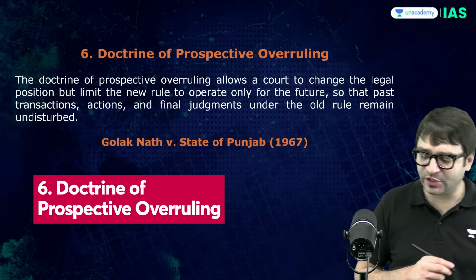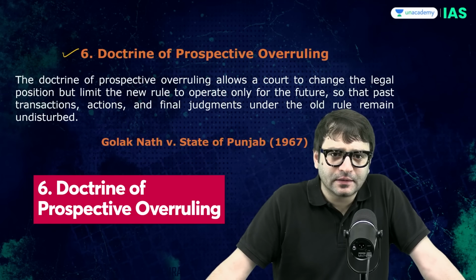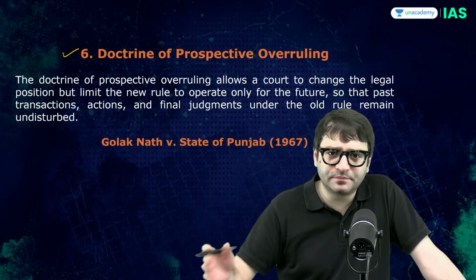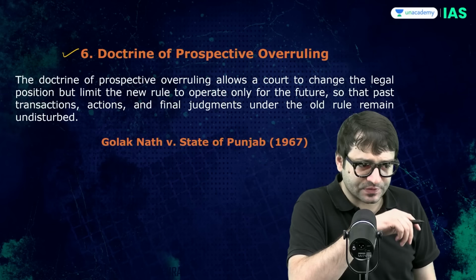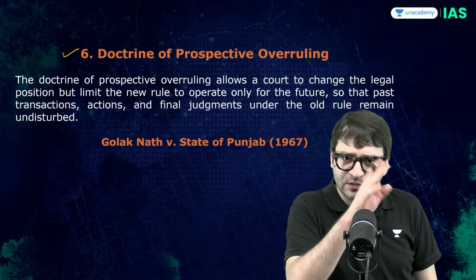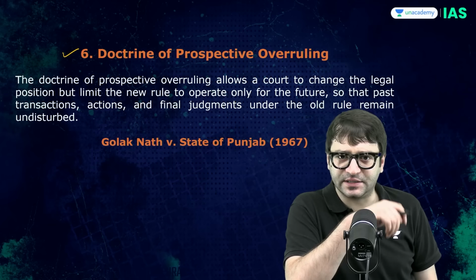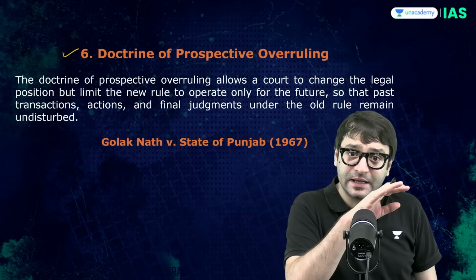Sixth doctrine, doctrine of prospective overruling. The important laws related to land reform, zamindari abolition, were declared unconstitutional by the courts in 1950. How did Parliament respond? By amending the Constitution.